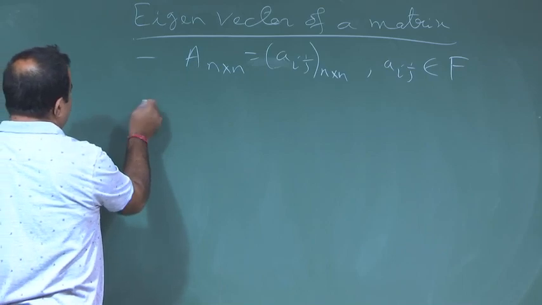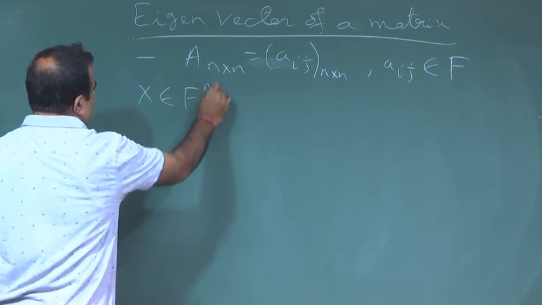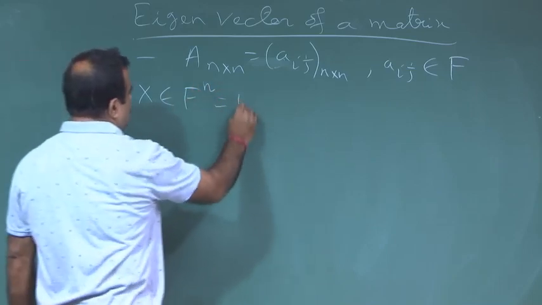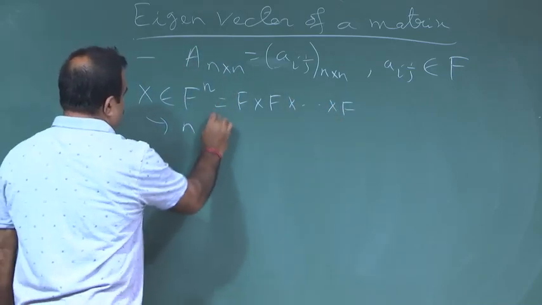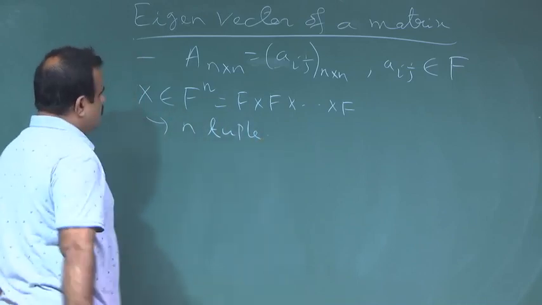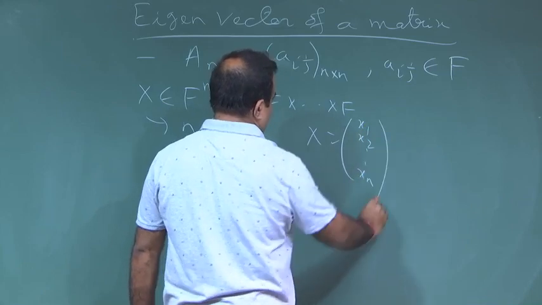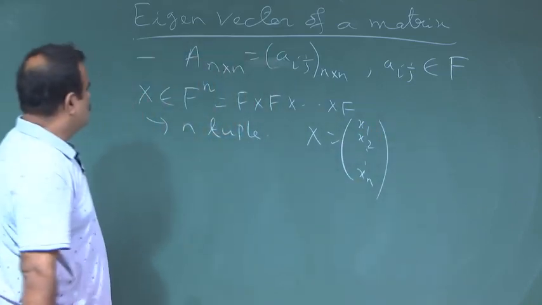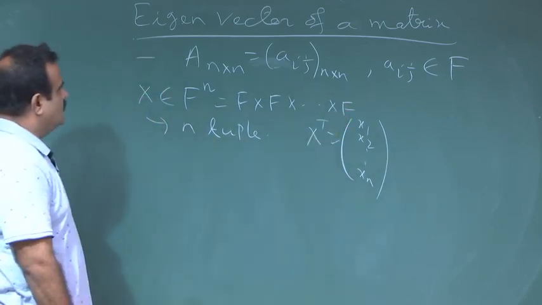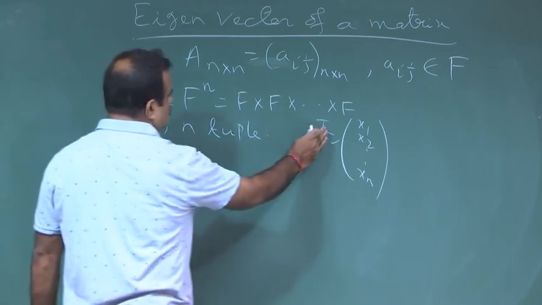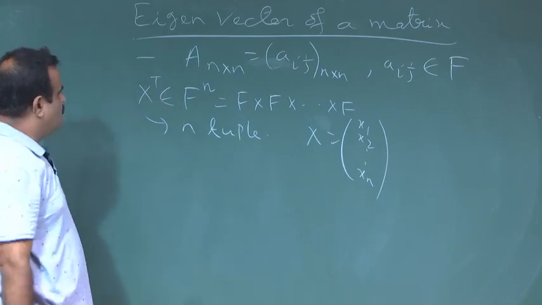Now, a non-zero vector x comes from F to the power n. F to the power n is nothing but F cross n times, so this is an n-tuple. x can be written as x_1, x_2, up to x_n, or the transpose of this, an n-tuple.